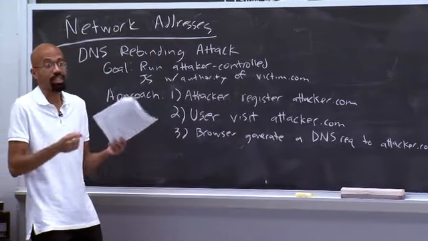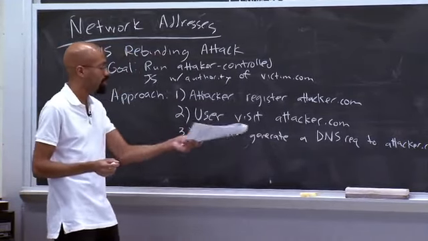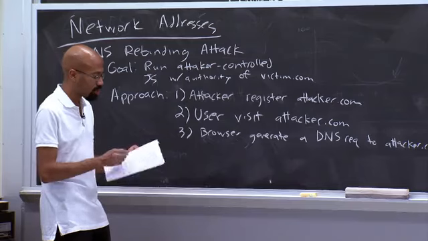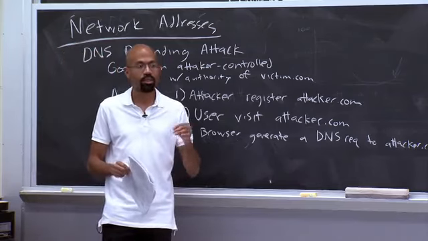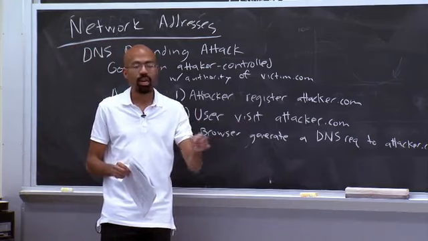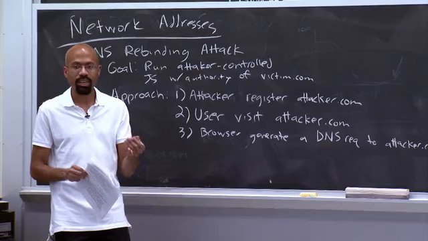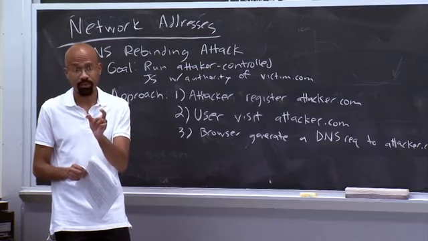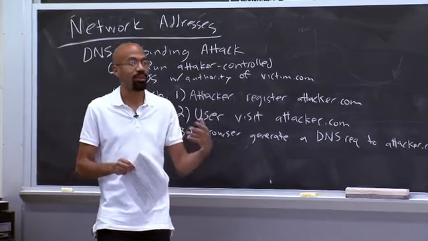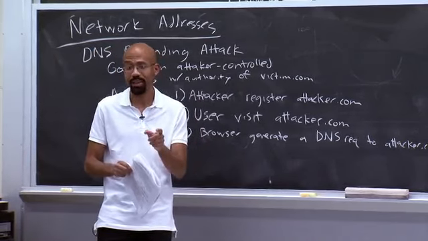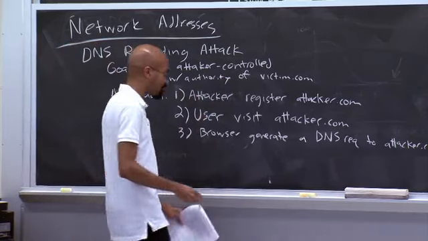The browser is going to say, I've never seen this domain before, let me send the DNS resolution request to attacker.com. The attacker's DNS server is going to respond to that request, but with a DNS result that has a very short time to live, meaning that the browser will think it's only valid for a very short period of time before it has to go out and revalidate it.